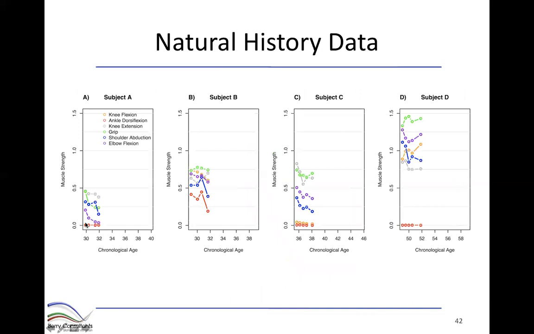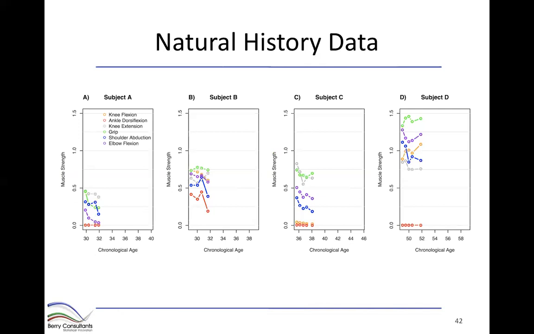So subject A here, both red and orange are on top of each other, and this is knee flexion, so hamstrings, and ankle dorsiflexion. And this subject at age 30 has completely declined on both, so no muscle strength left on both of those muscles, and is actively declining on grip, shoulder abduction, and elbow flexion. So very actively declining on the upper extremities.